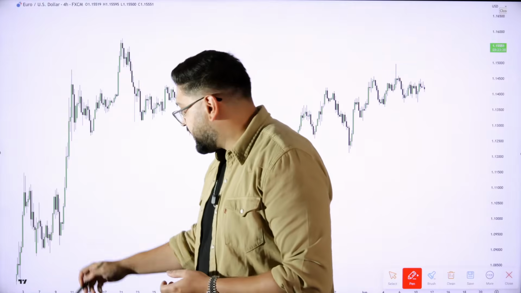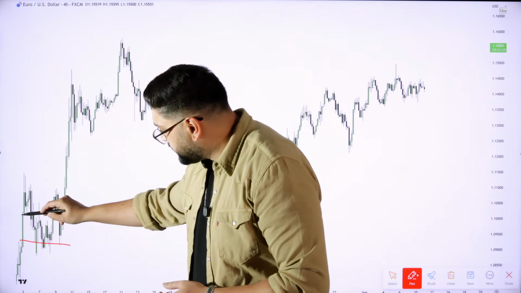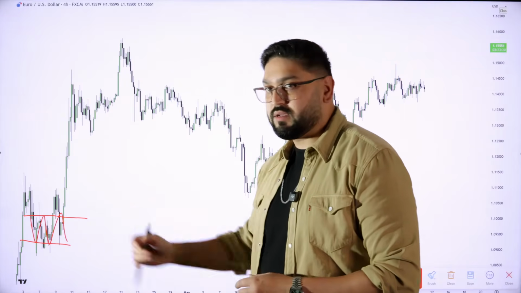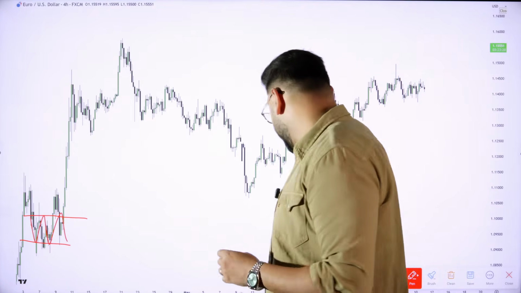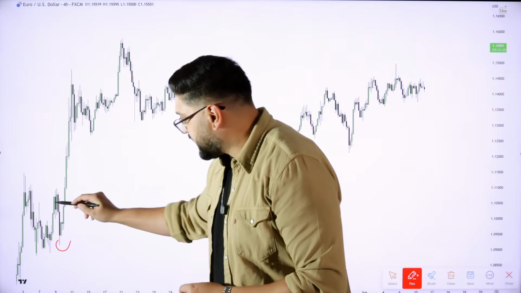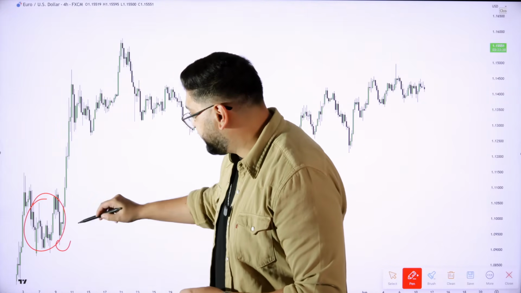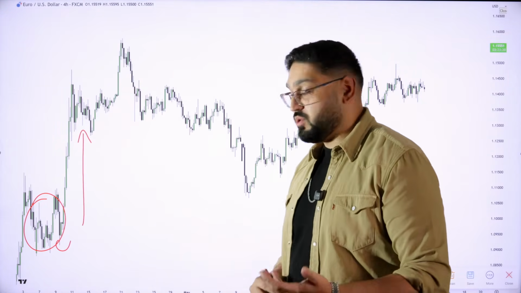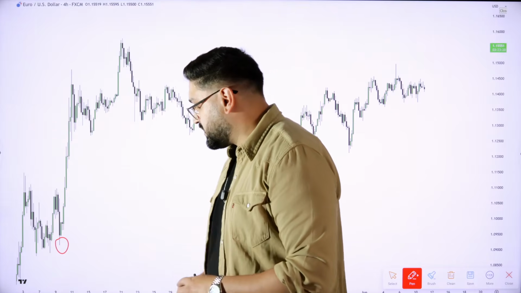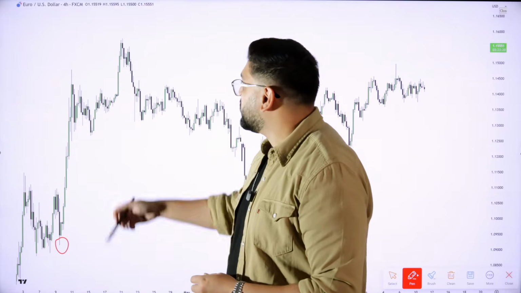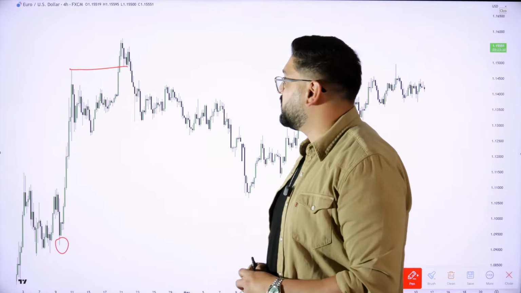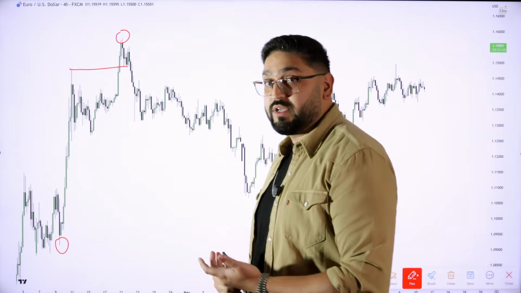Prior to that expansion, we have this inefficiency, and we can see that we've completely rebalanced this area and spent some time here. I therefore want to use the last leg inside of this consolidation before price expanded to the upside, which would of course be this swing low down here. And of course the highest high inside of this range, which we've run buy side liquidity up here, is going to be the dealing range high.